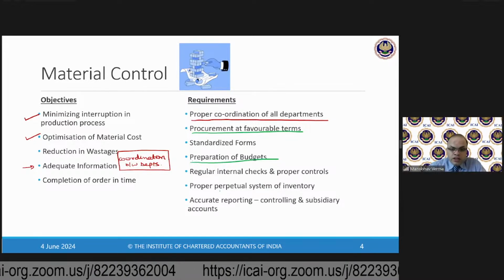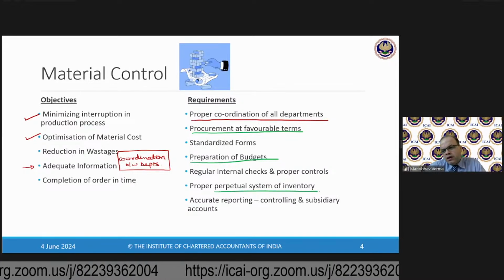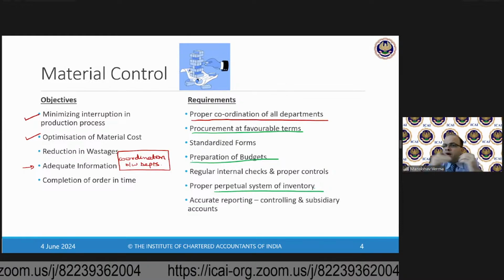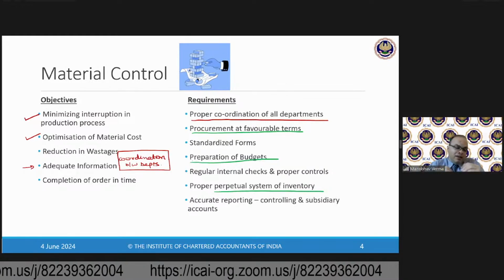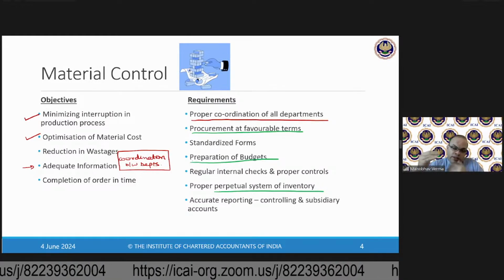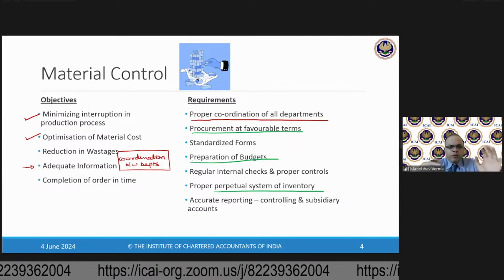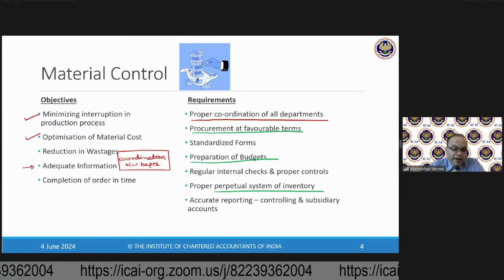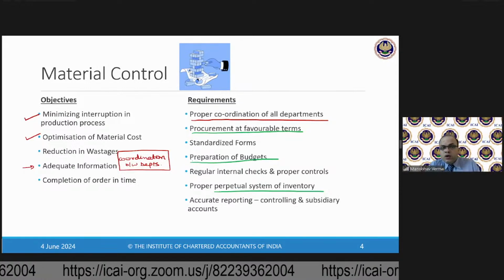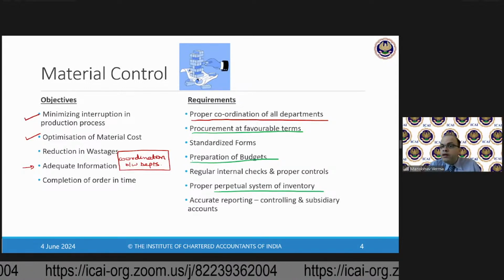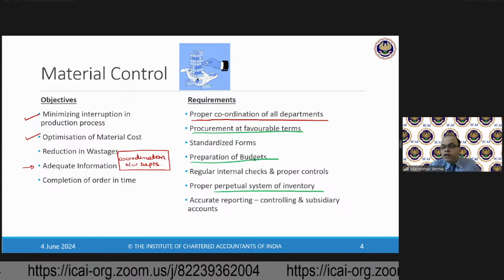Now, perpetual system means, as we talk about versus periodical count, we are tracking every inward receipt and outward issuance of the inventory. So we are having a proper check on real-time inventory levels across every department, or if we have different branches.